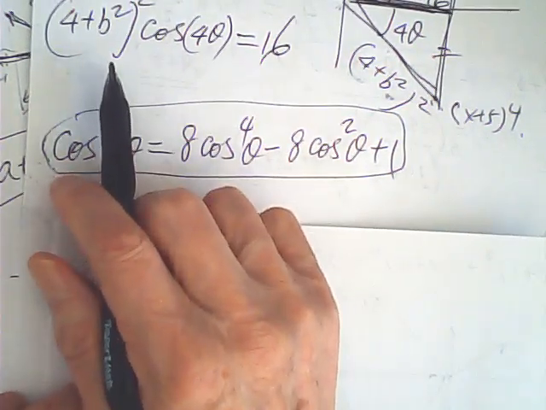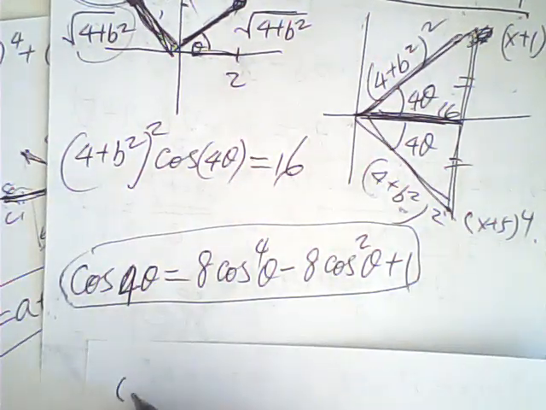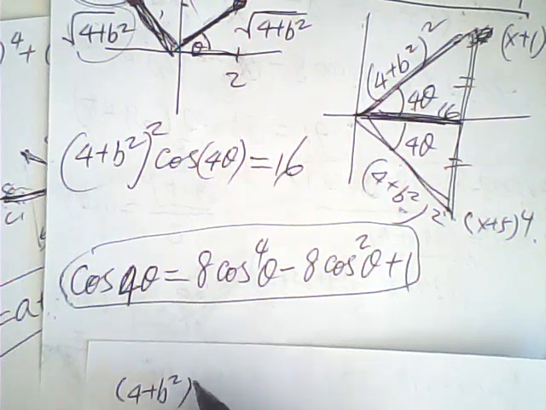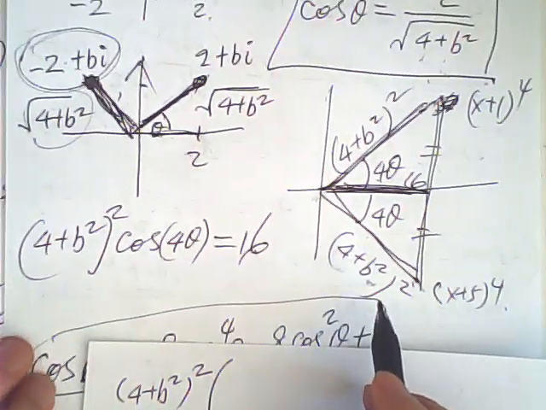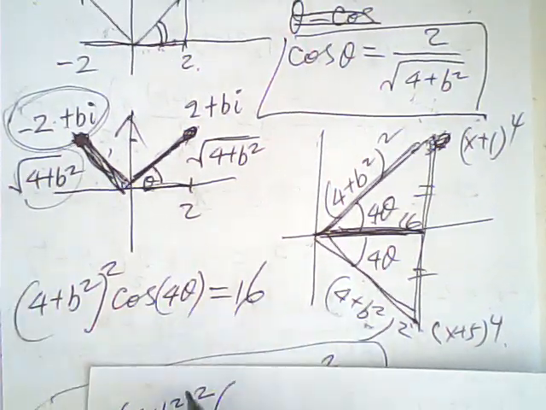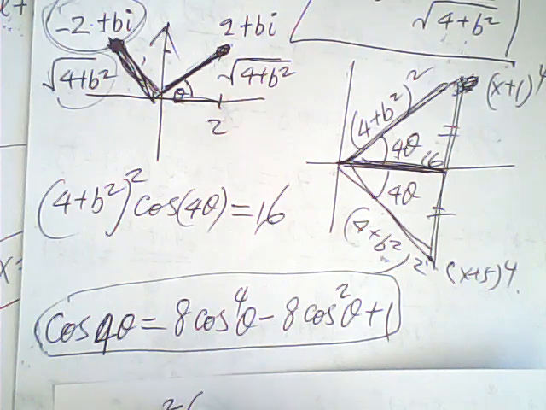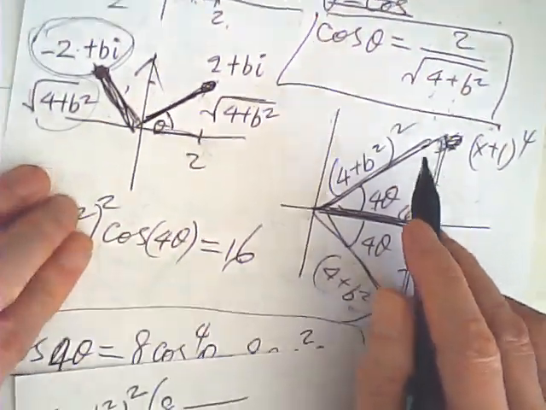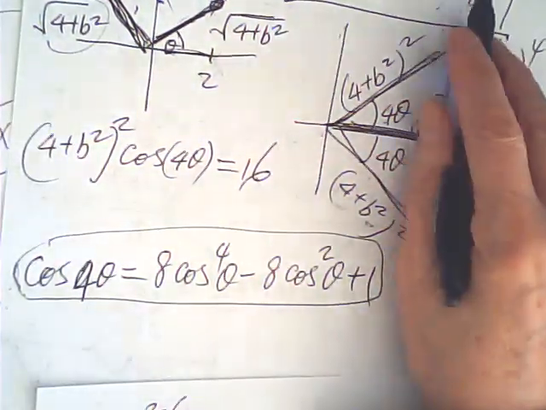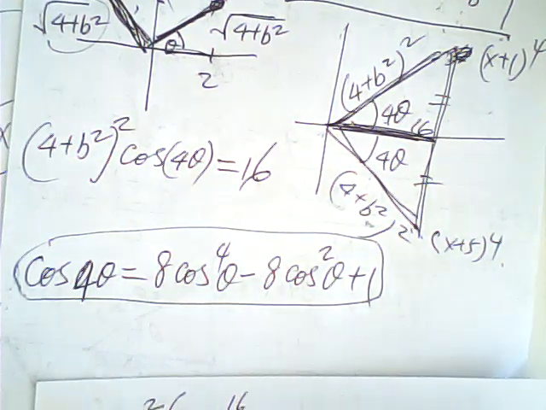Now, this one squared, 4 plus b squared, squared, multiplied by cosine 4 theta, which is this, times 8 cosine to the fourth theta, because 16, right? Becomes 4 plus b squared, squared. That is it.